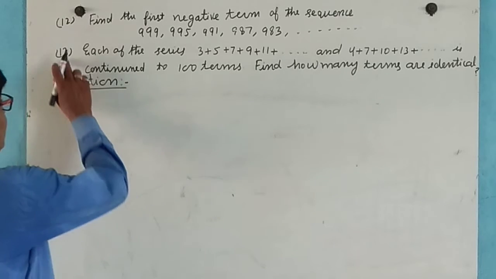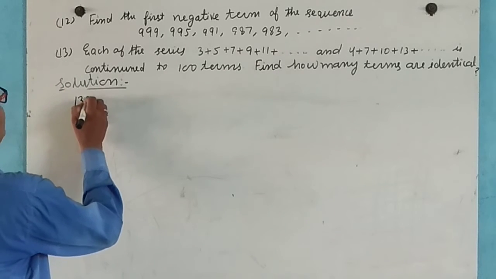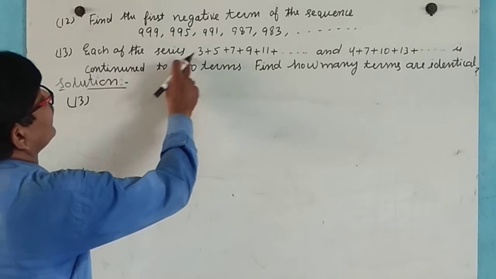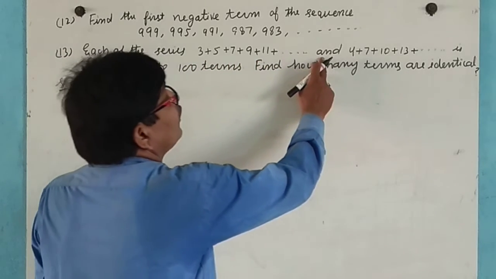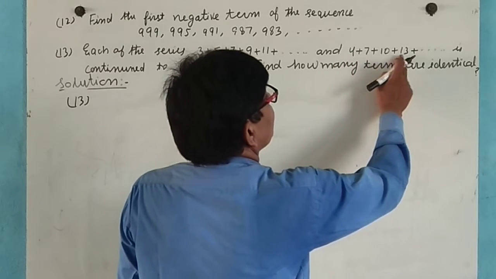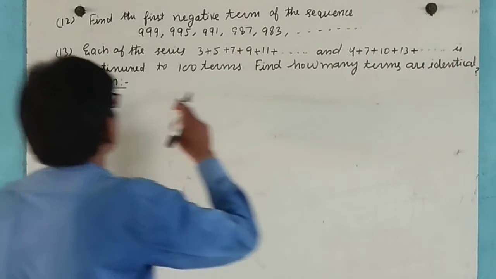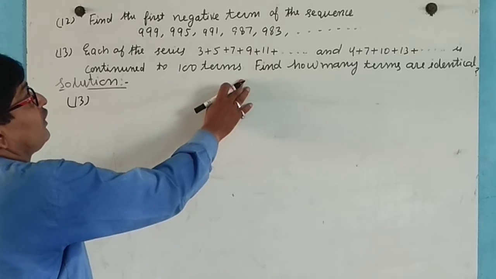Now question number 13. Here each of the series 3, 5, 7, 9, 11 and 4, 7, 10, 13 is continued to 100 terms.